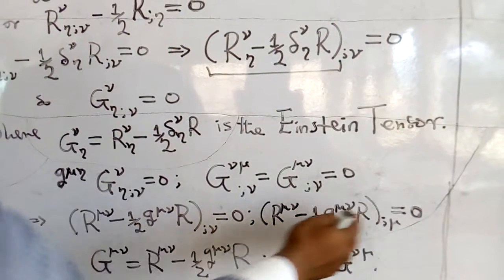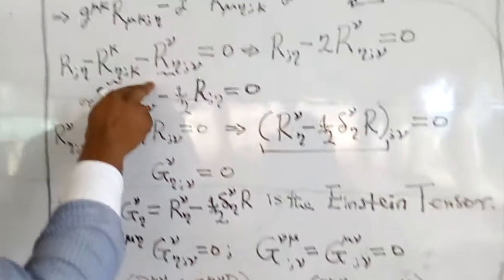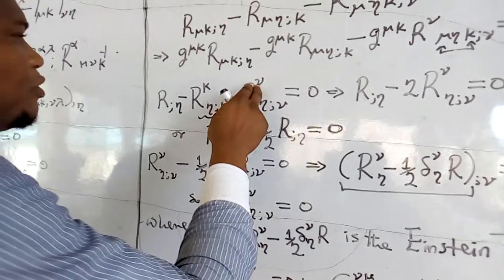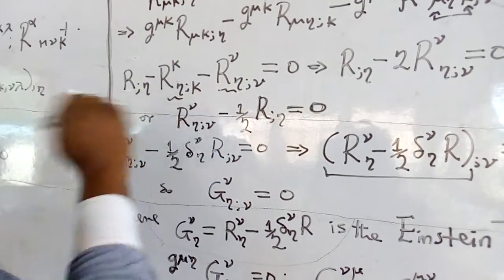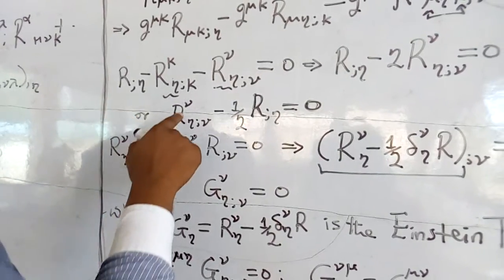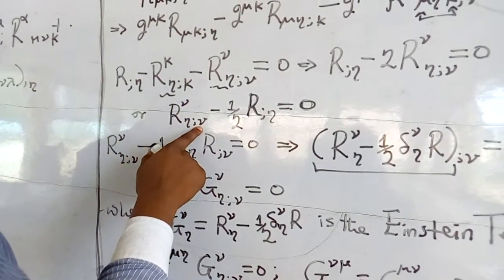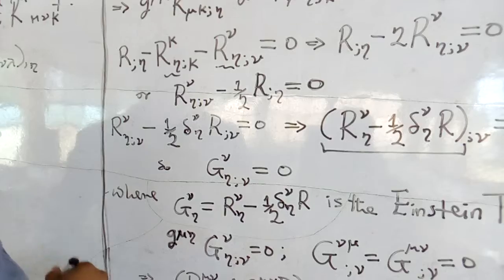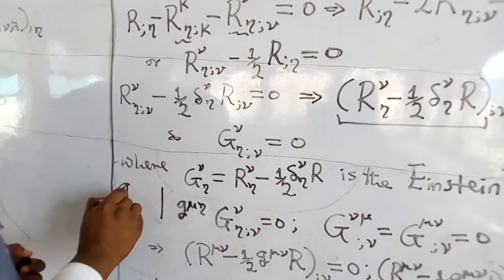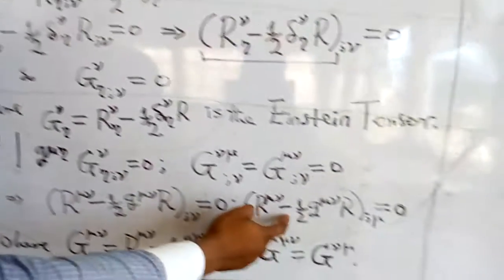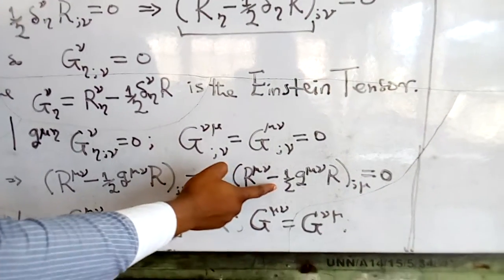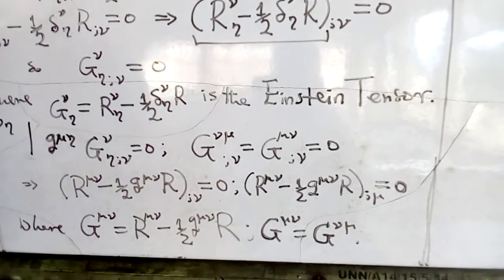And it will still be true because like we said, starting from this place, we could have made both nu equal to mu and kappa also equal to mu. And if they are both equal to mu, then this will be mu here and this will be mu here. Then in the end, I may decide instead to multiply with g nu eta, I believe. And in the end, we are going to end up with something like this. You can just take a moment to see that what we are saying is correct.